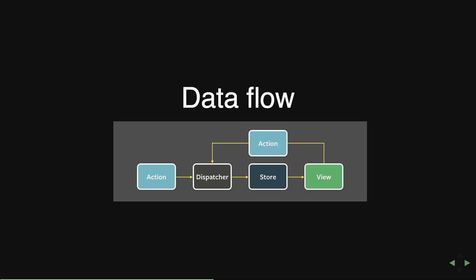Essentially, every time you want to change data in your stores, you will not do it in the store directly. You'll just fire actions, and those actions can come from anywhere. And all of those actions go to the dispatcher, the store listens to the actions, so the data flows into the store, and then the store fires change events, which the views can listen to. And yeah, that's pretty much the basic data flow.